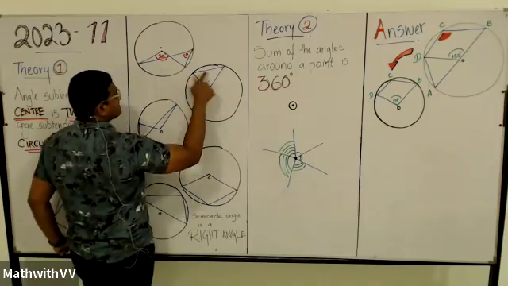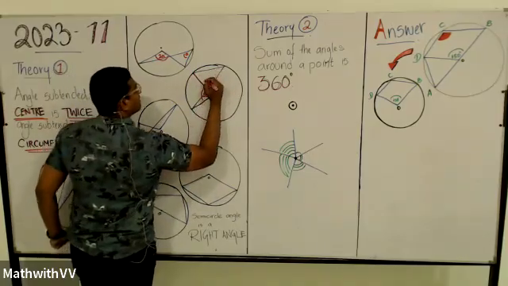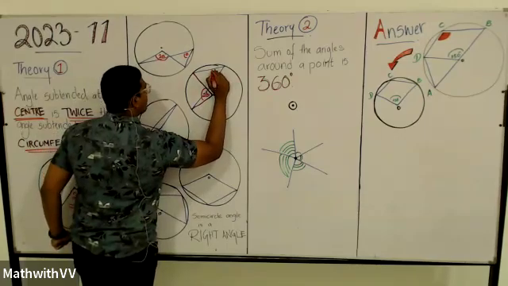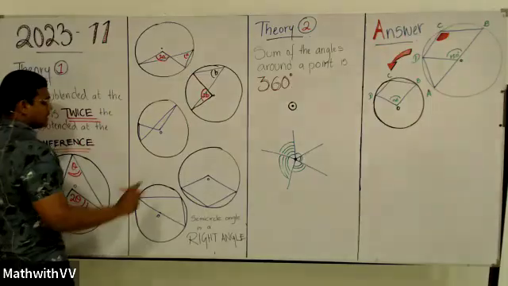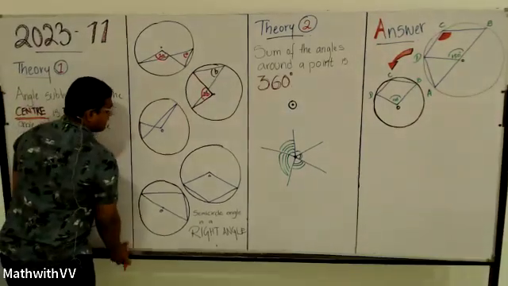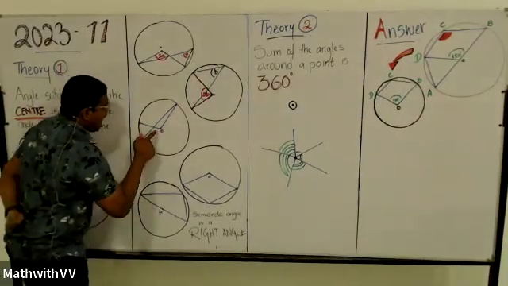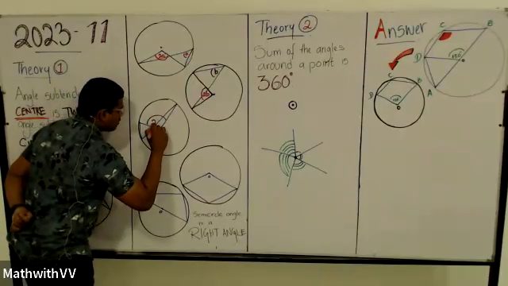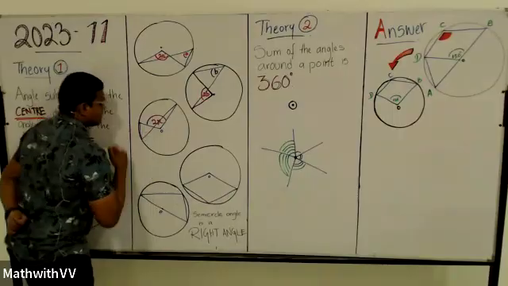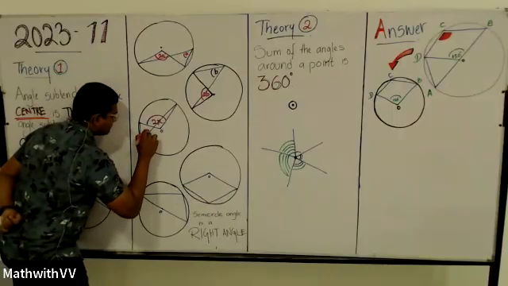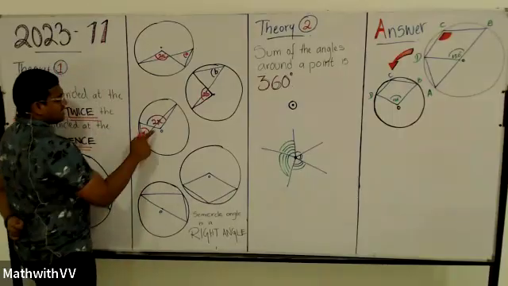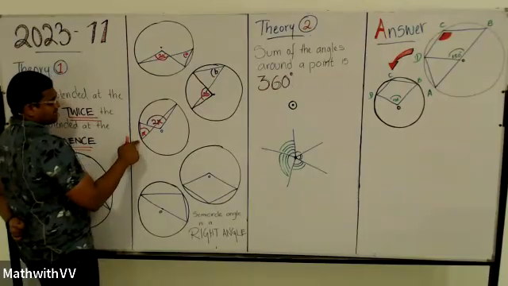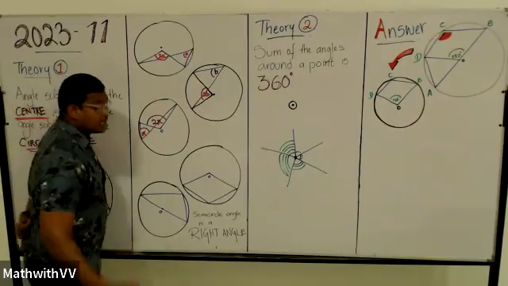So it's not this, it's the other one. If this is 2B, this is B. Similarly, the same theory: angle subtended at the center. If this is 2x, then this is x. Center is 2x, circumference is x.